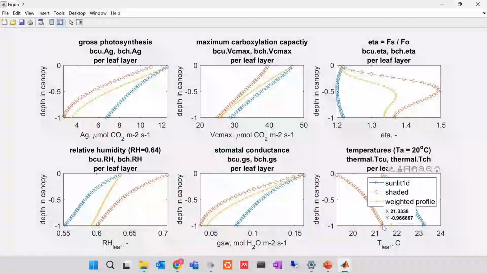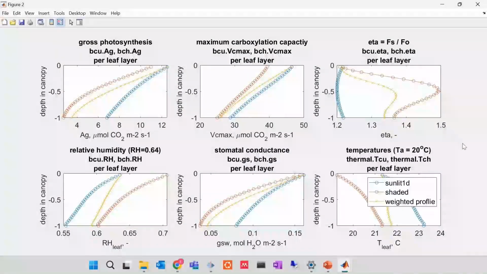But actually it increases to the optimum value, which is around 25 here. So the Vcmax should increase, but it decreases because of the extinction coefficient. Also, what we see here, the relative humidity decreases and stomatal conductance also decreases.